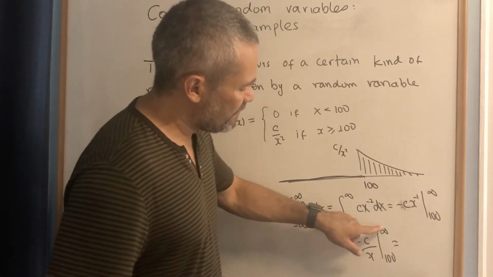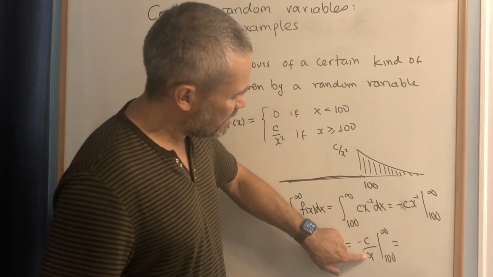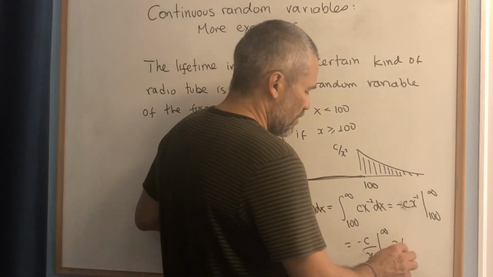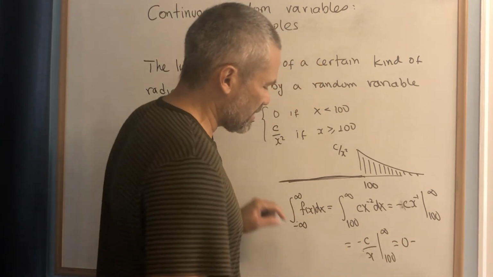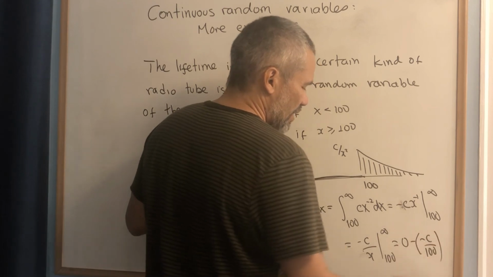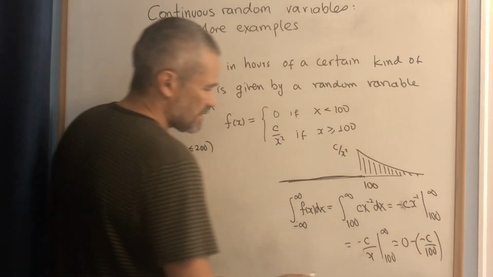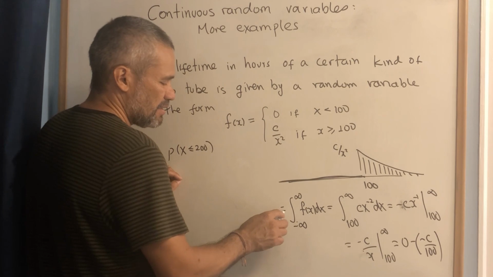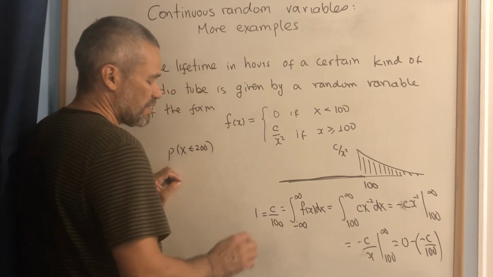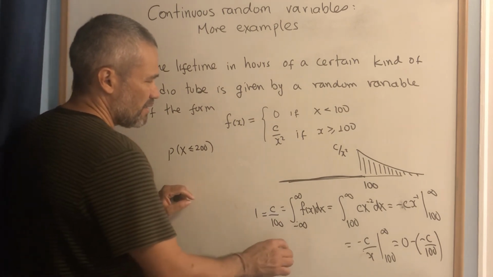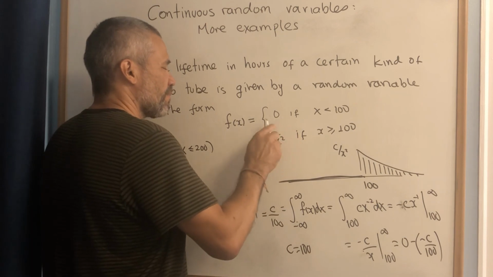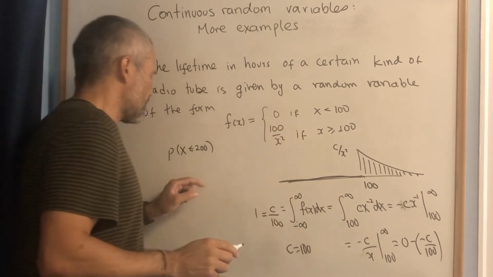When I evaluate at infinity, I'm taking the limit when x goes to infinity, but that limit is 0, and then it will be 0 minus, and when I evaluate at 100, it is negative C over 100. That means that this integral is C over 100, and since we want this to be equal to 1, therefore C must be 100.